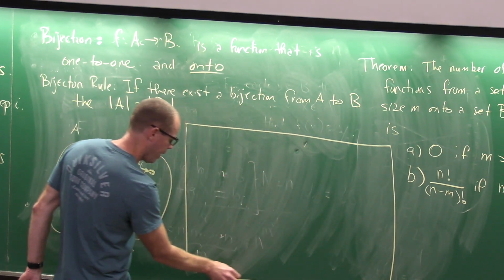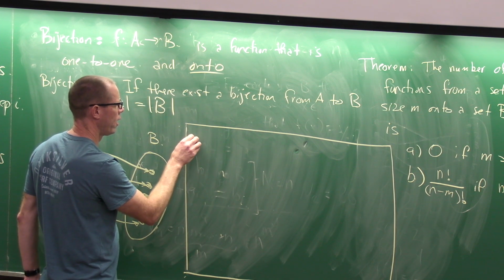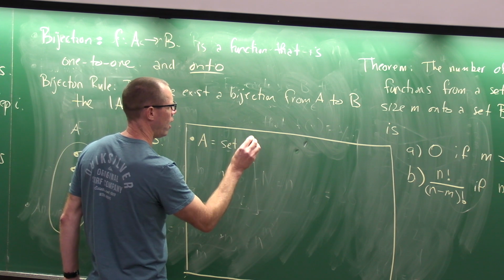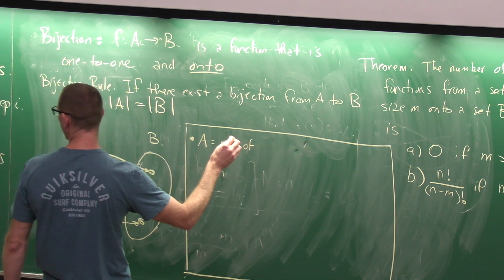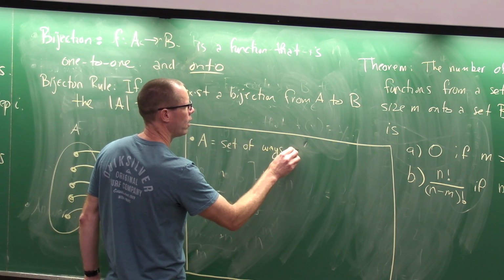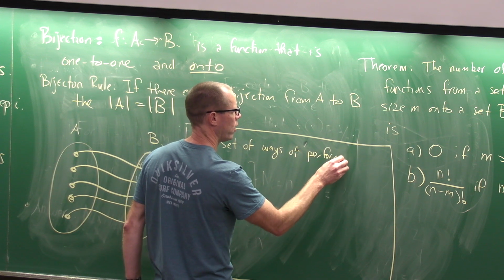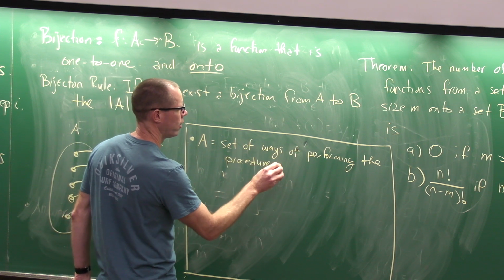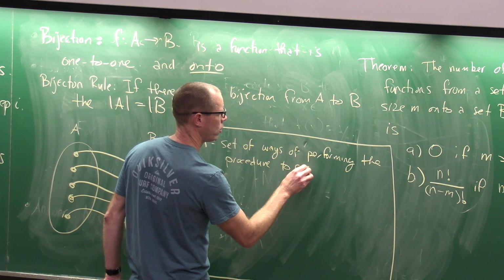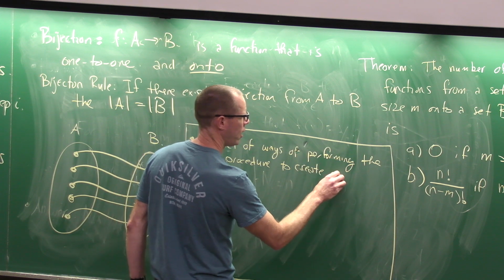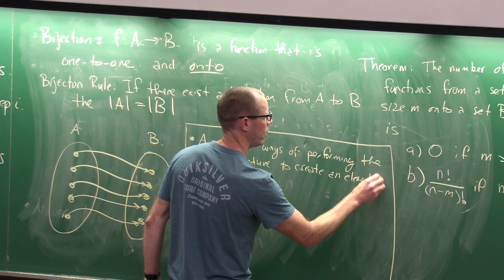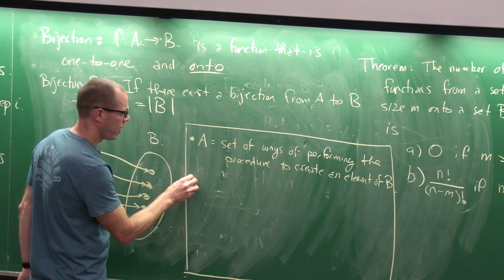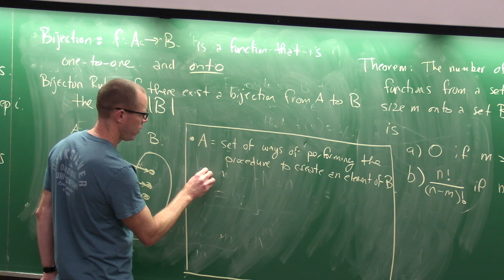Well, basically we've been saying A is the set of ways of performing the procedure to create an element of B. And without saying it explicitly, we've been saying there's a bijection.